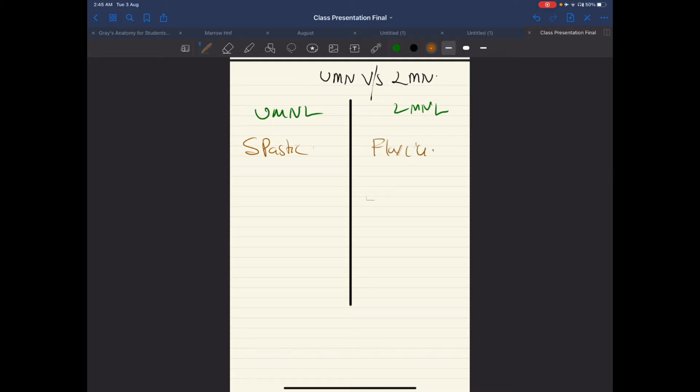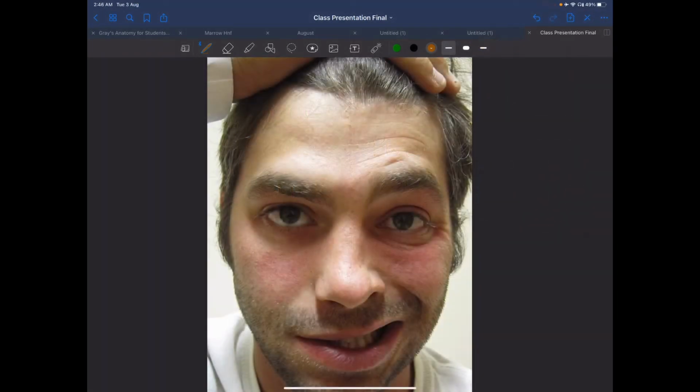Flaccid. Which side? Contralateral side. Which side? Ipsilateral side. Which part? Lower half. Which part? Both sides, both upper and lower half of the face.